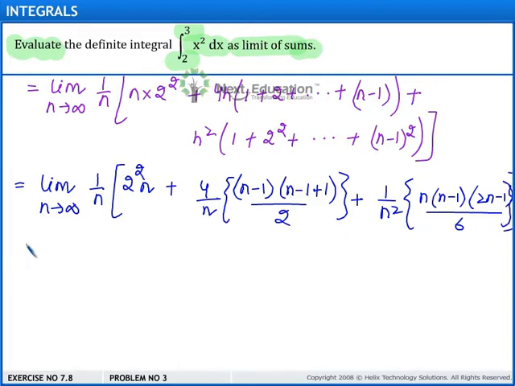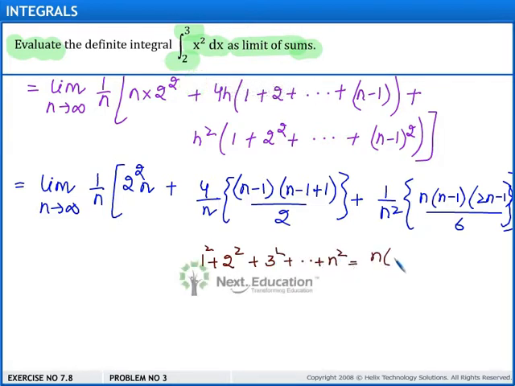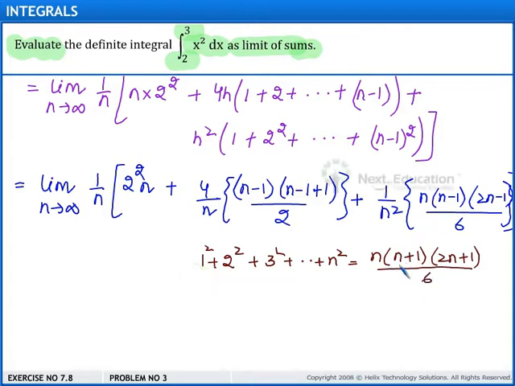Since we know that sum of the squares of first n terms, that is 1 square plus 2 square plus 3 square plus so on up to n square is given by n into (n plus 1) into (2n plus 1) divided by 6, and here we have n minus 1 in place of n, so we get n into (n minus 1) into (2n minus 1).